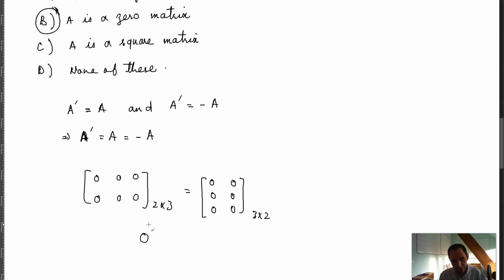Which means that it doesn't really matter whether you write a zero matrix as a 2 by 3 matrix or a 3 by 2 matrix, meaning that they are practically the same. And therefore I can say that in the case of a zero matrix, A is always equal to A prime, and also A is always equal to negative A, and therefore B is the correct answer here.